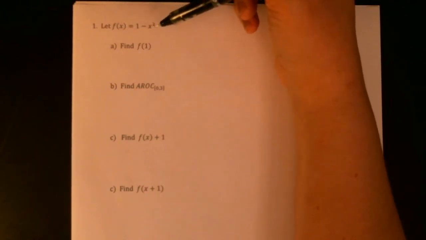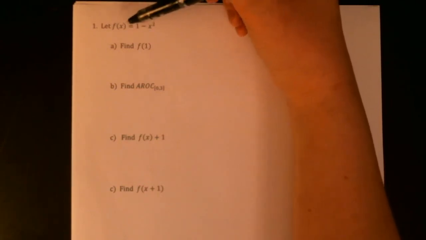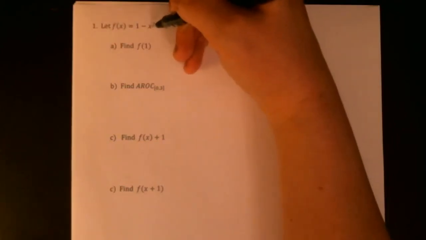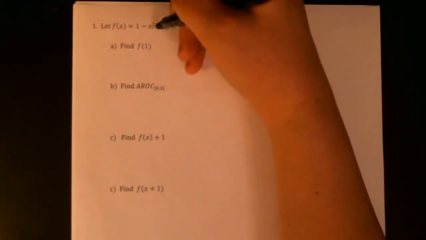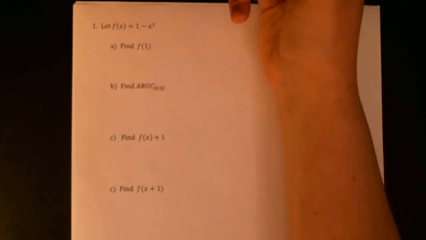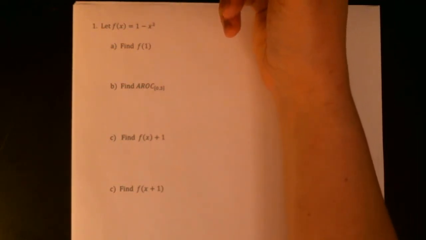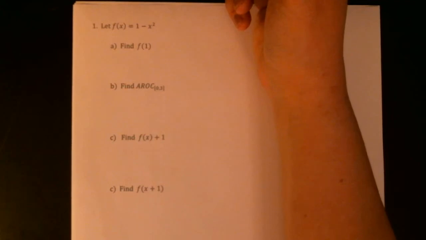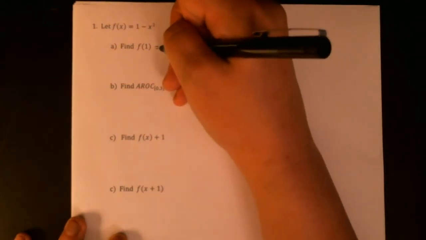It is possible. So here, whatever x we give this function, the function will always do the same thing. It will square it. It will subtract it from 1, and that will be your output. So it doesn't matter what I give it, that's always what it'll do. It'll give me 1 minus x squared. Okay, so if I want to find f of 1, I'm going to follow that rule.